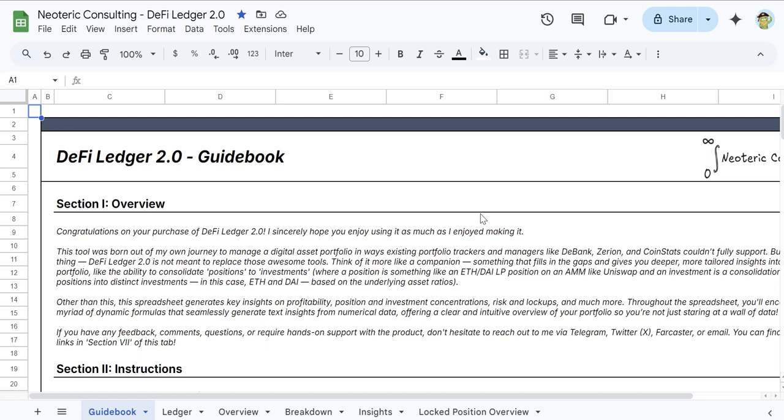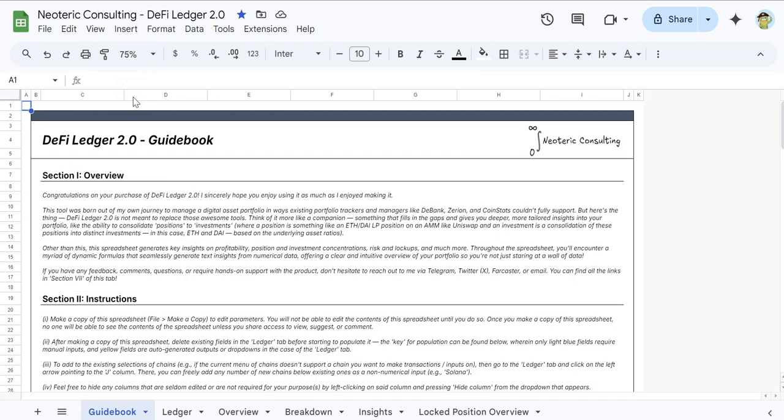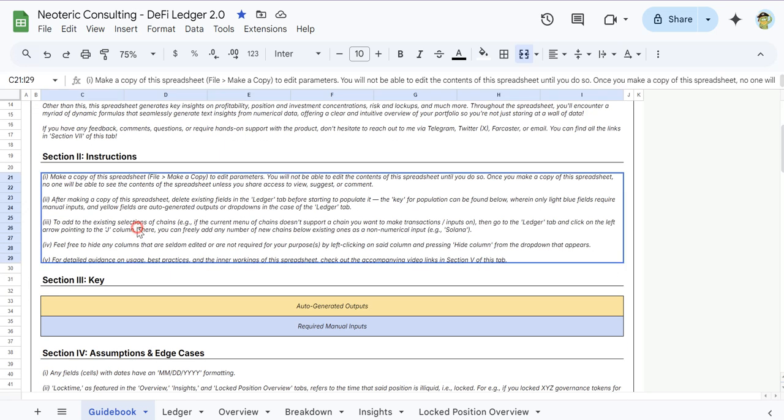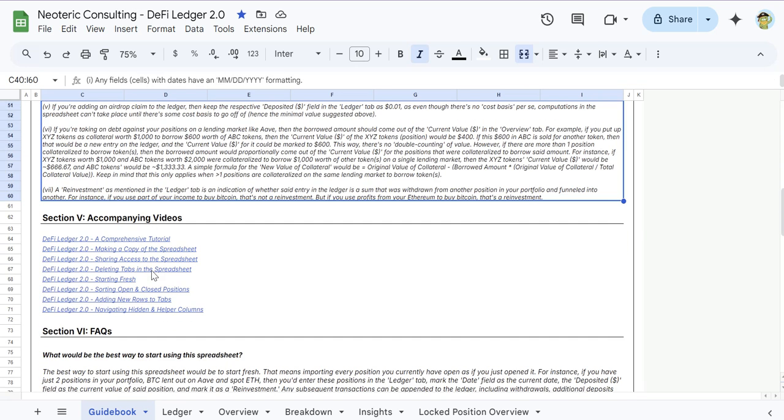I'm recording this quick video to give you a rundown of the functionality it provides and, in general, how to use it. You will be greeted by this guidebook, which I spent a lot of time putting together, making sure that it really goes over everything that you need to know, from the overview to instructions, the key assumptions and edge cases.